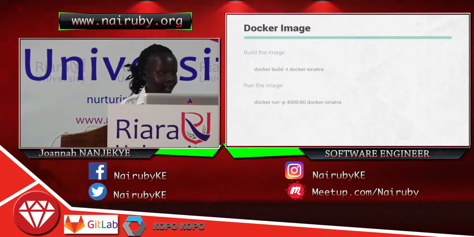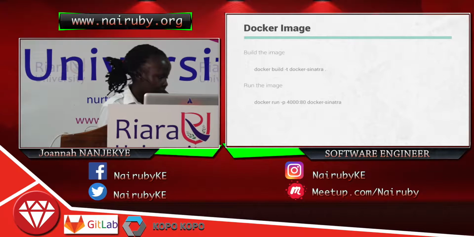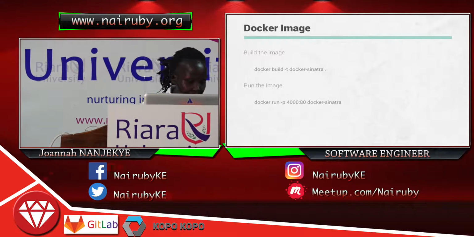Yeah, so that's how we containerize a simple Ruby application, a Sinatra application: write a Dockerfile, then build your image using the Docker client you have installed with docker build, then run your container with docker run.